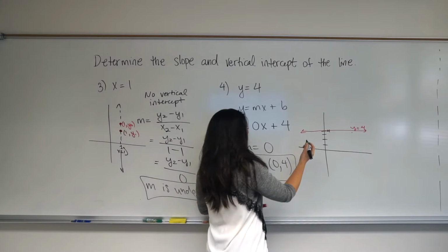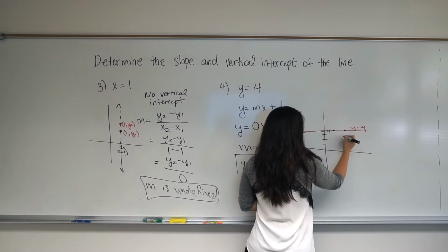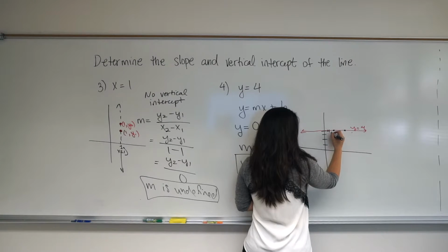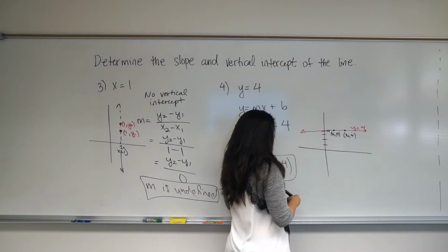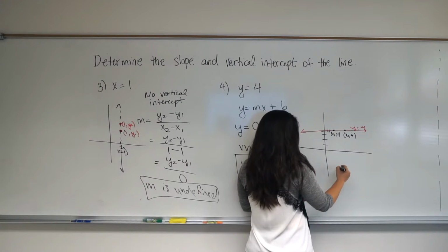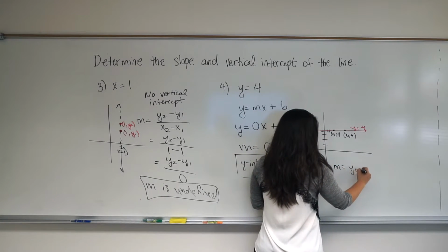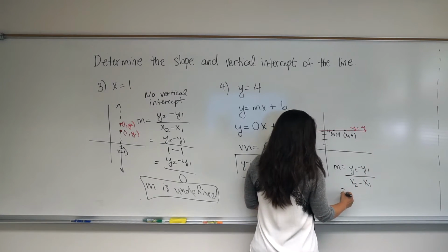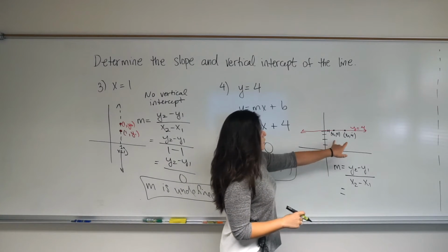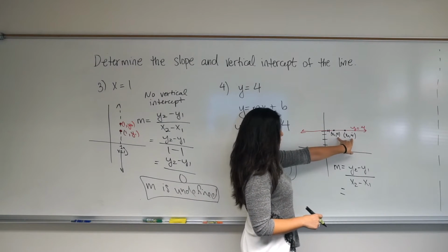And if you picked 2 points on this line, let's label these as x1, 4 and x2, 4, and used your formula for slope, notice that your y values are always the same. They're always 4.